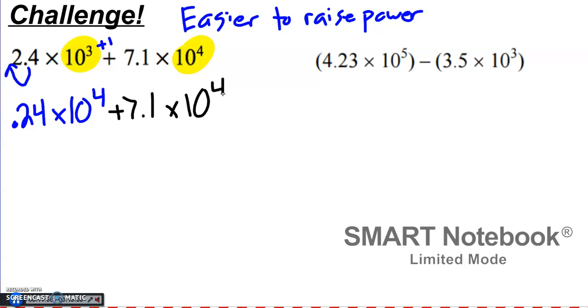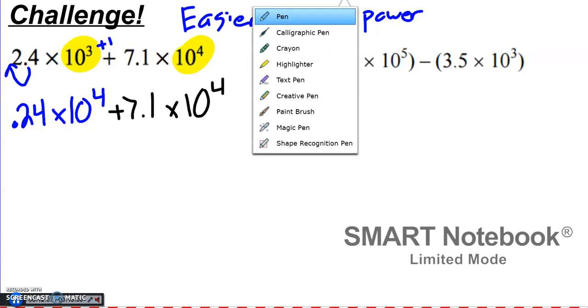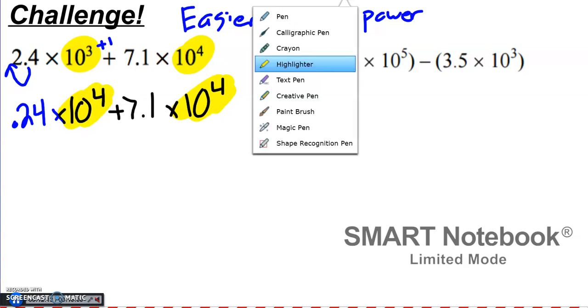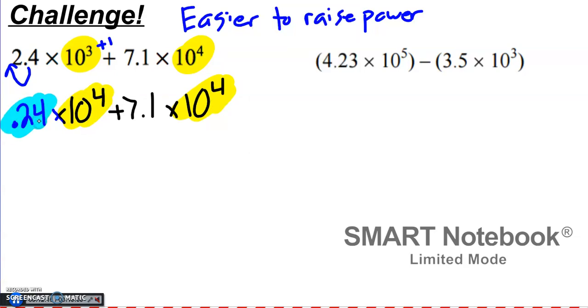And I know 0.24 is not in scientific notation. It originally was with 10 to the third, but we had to manipulate it a little bit. That way we can operate. And now we have the same powers of 10. It's 10 to the fourth. And now we're going to add 0.24 to 7.1.